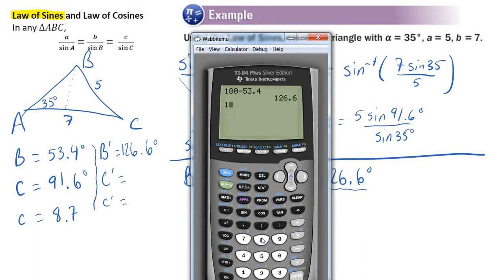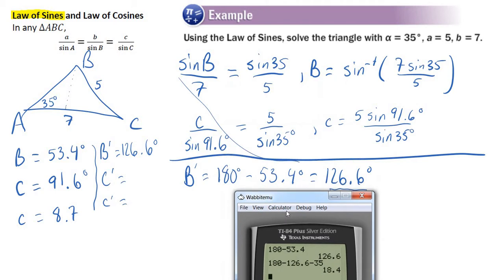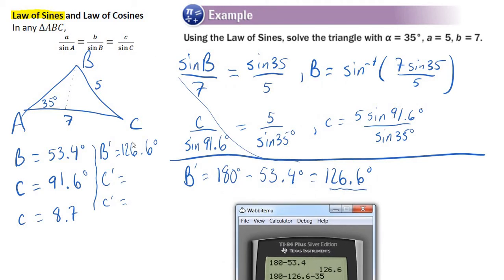Same way, 180 minus 126.6 now minus our original one, 35. We know there's a 35 in there. They told us that, so that has to be there. And we would get 18.4. So let's go mark that. So 18.4 degrees.